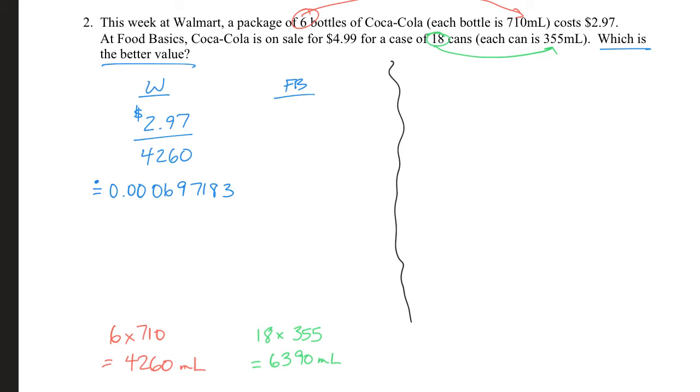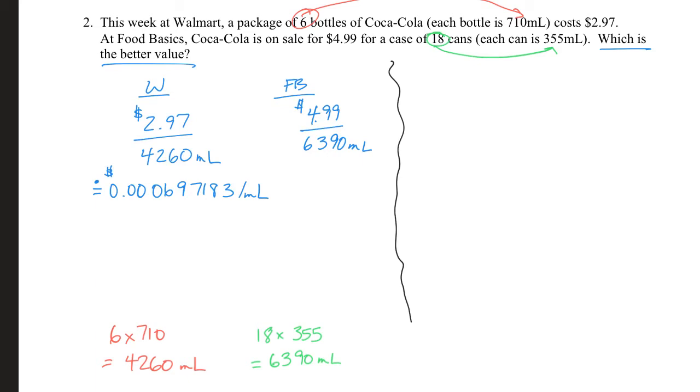That number doesn't make a whole lot of sense to me, but if I put units on it, then I'm talking about dollars per milliliter, because that's what's in my fraction, dollars divided by milliliters. Maybe that number doesn't have much sense to us right now, but it does allow us to compare. If I do the same thing at Food Basics, I'm paying more money, $4.99, however, I'm getting more in quantity.